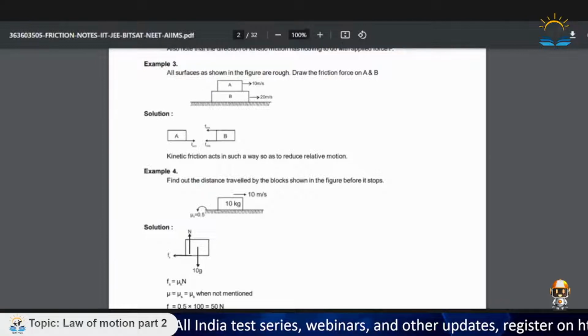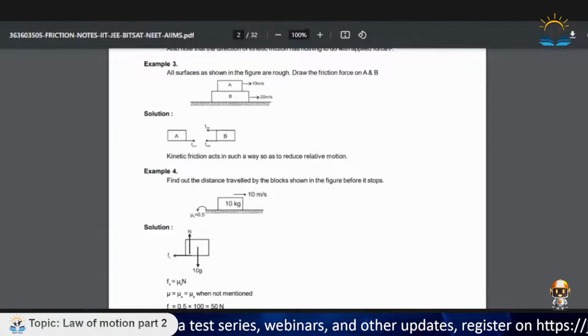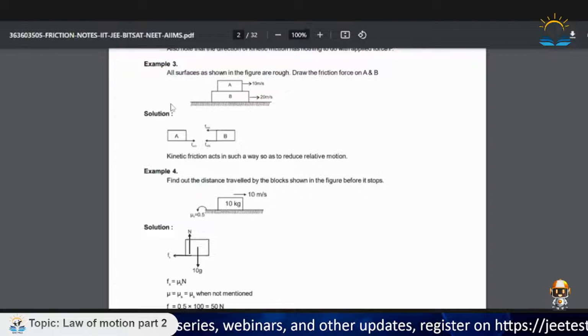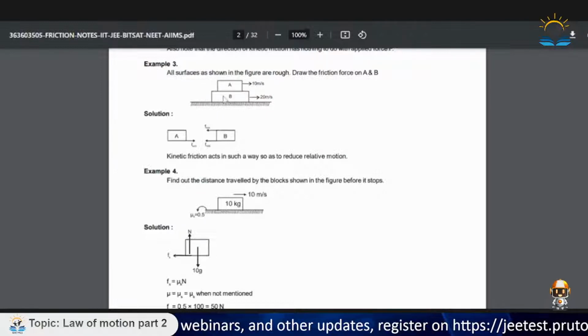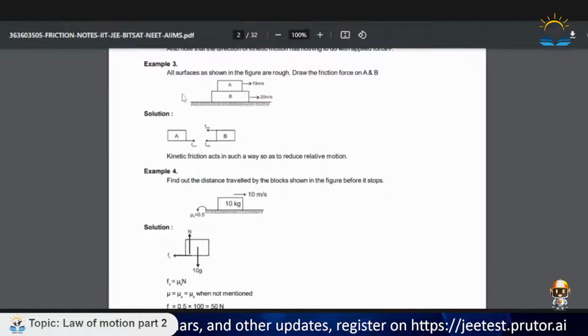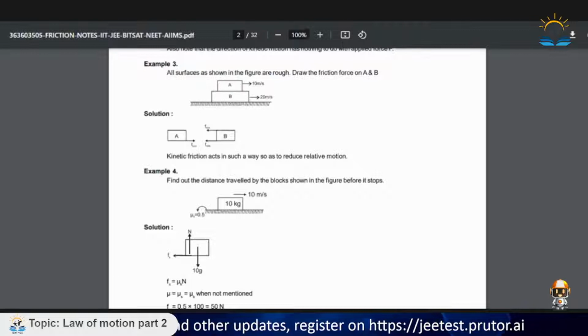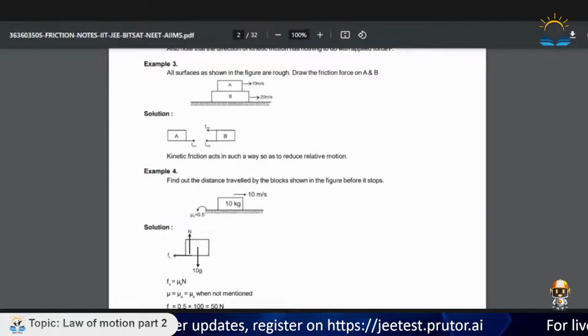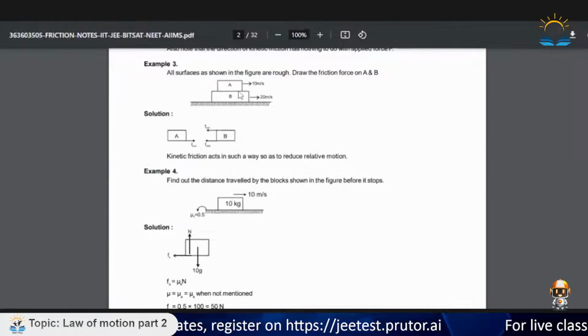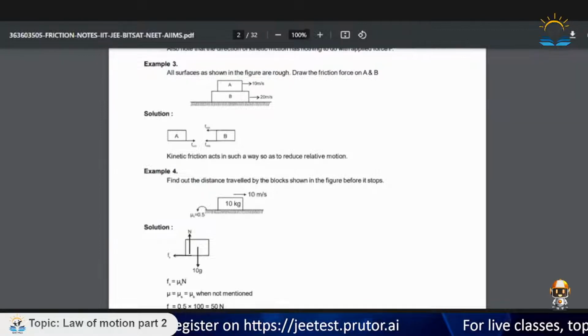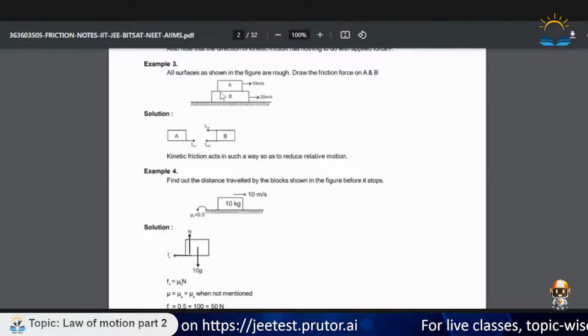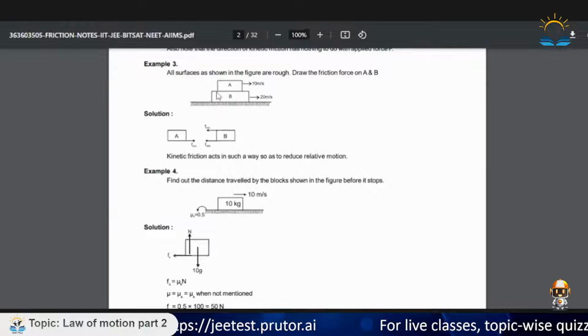For B, the relative velocity of B is in positive x, so friction would be acting in the left direction. At this surface, the relative velocity of B is again in the positive right direction. So for this, again, the friction on B would be in the left direction.